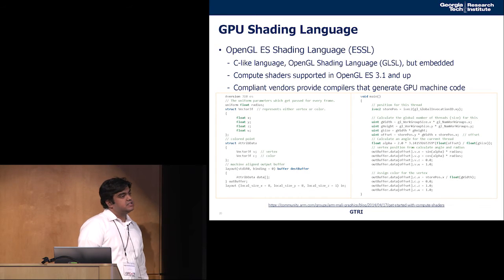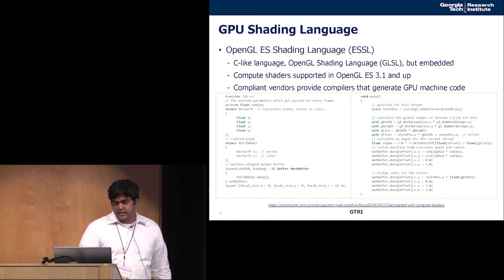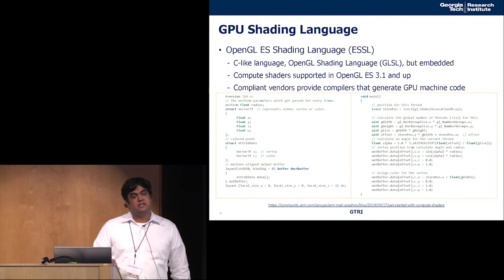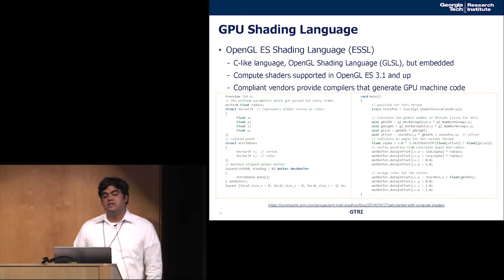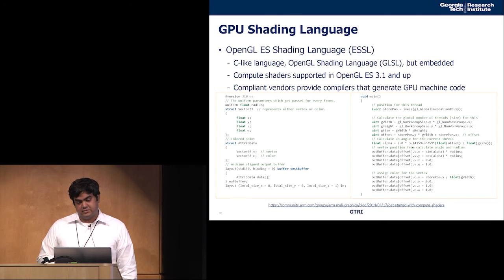If we start in the top left corner of that previous figure, we're talking about GPU shading languages. In particular, on these mobile devices, the vendors all provide the OpenGL ES shading language, called ESSL for short. It's a C-like language based on the generic full-fat OpenGL shading language.